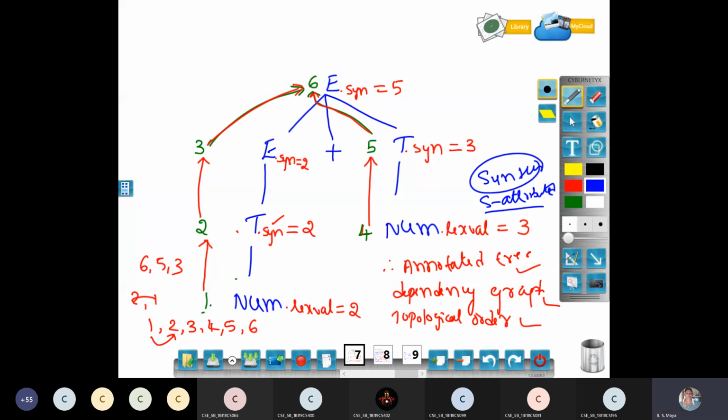Next point. An S attributed SDD can be implemented in conjunction with an LR parser.